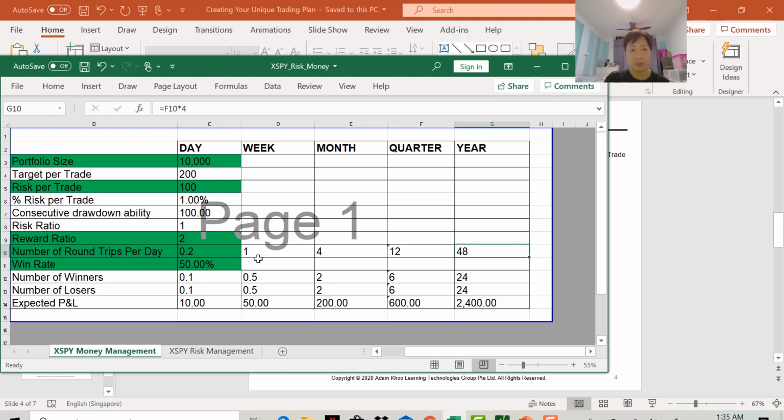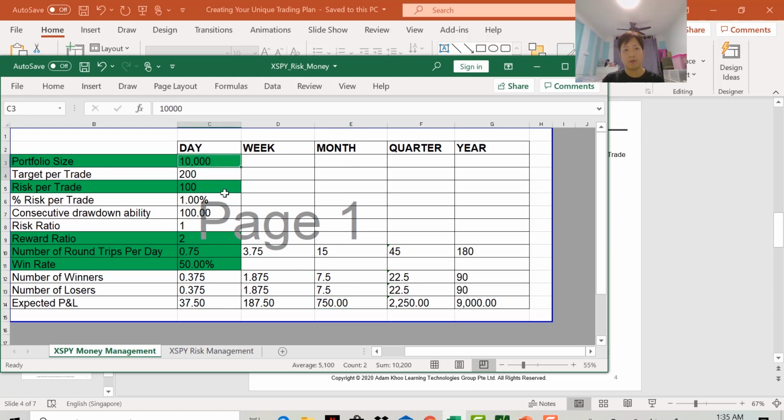So let's say over here you decide to do the 1 year 2 days chart using 0.75, averaging about 15 round trades per month, with a win rate of 50%. So you win or lose half the time. Over here will be the expected win and loss for the different periods, the expected P&L. Let's say we look at a monthly basis.